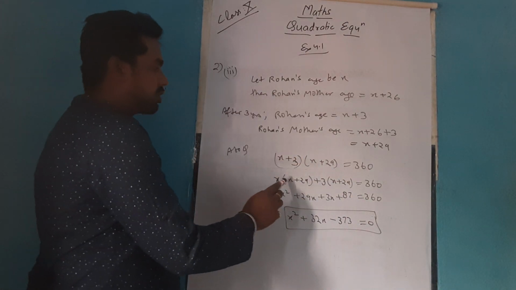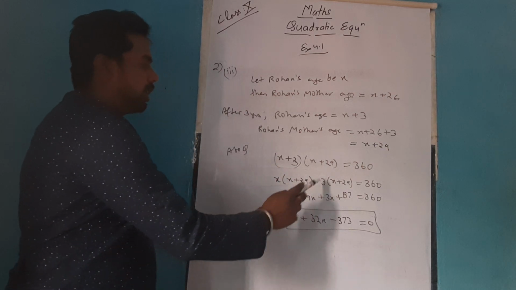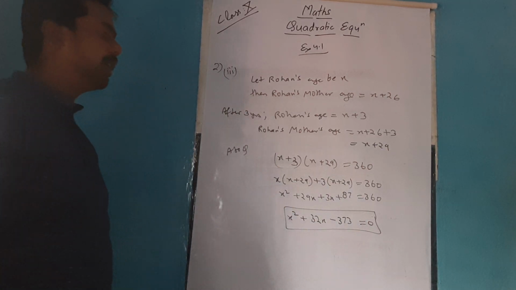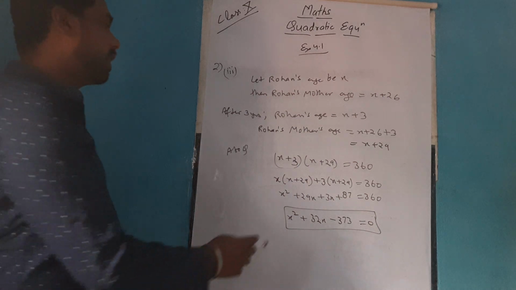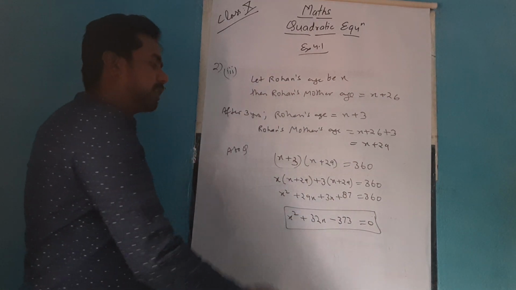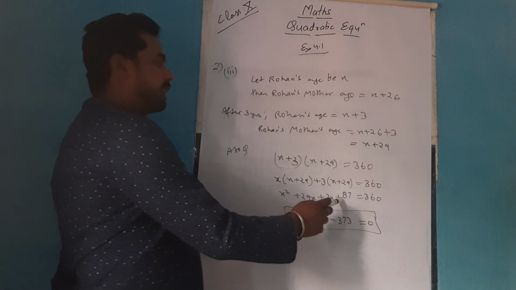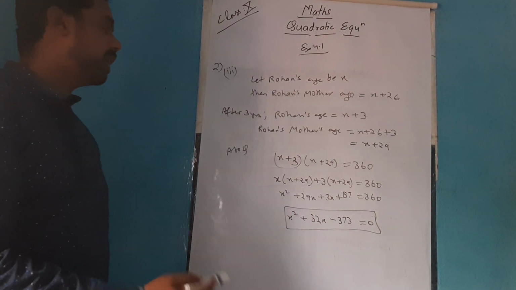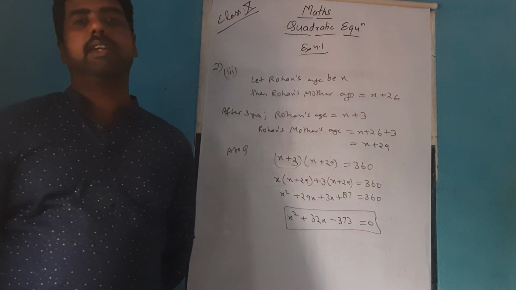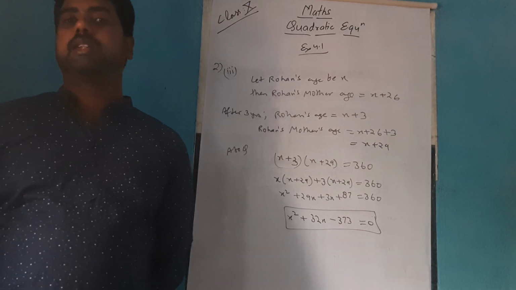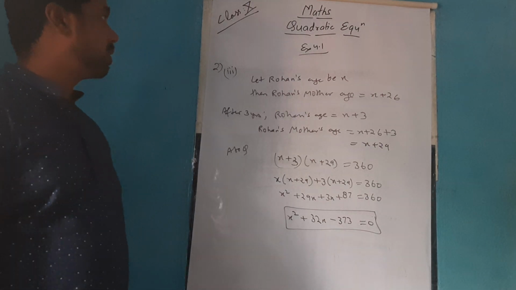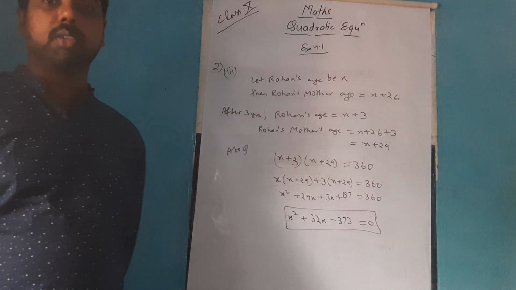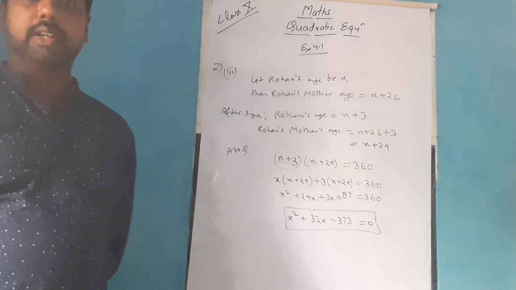And now we'll apply the distributive: x into 29, 3 into x, 3 into 29. So that becomes x square, 29x plus 3x becomes 32x, and 87 minus 360 becomes minus 373. So x square plus 32x minus 373 equals 0. That's the third part of the question, number 2. I hope this is clear.